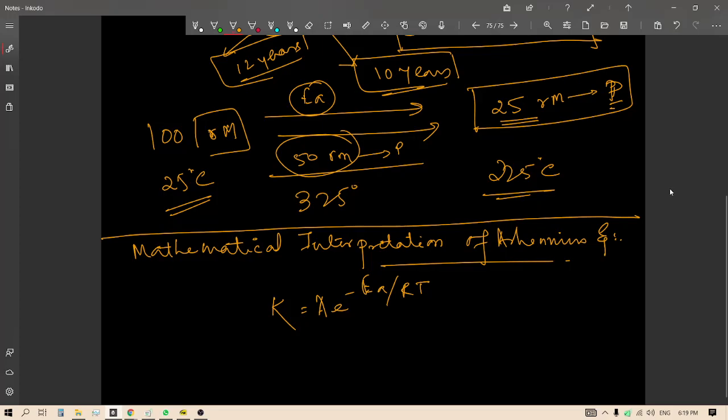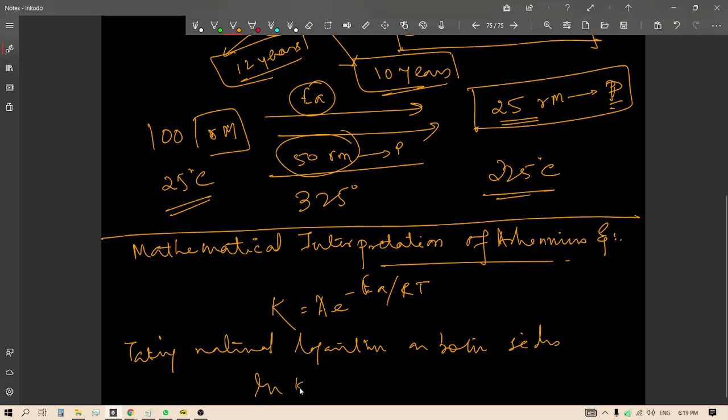To come back to this topic, this is an exponential curve. In order to read it conveniently, we take log on both sides. So take natural logarithm on both sides. ln k is equal to ln A plus ln e to the power minus Ea by RT.